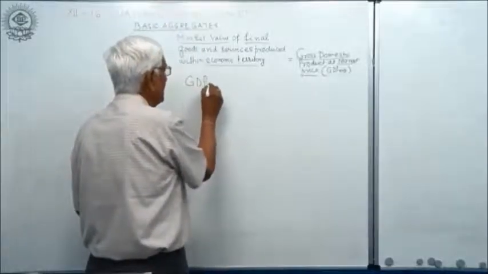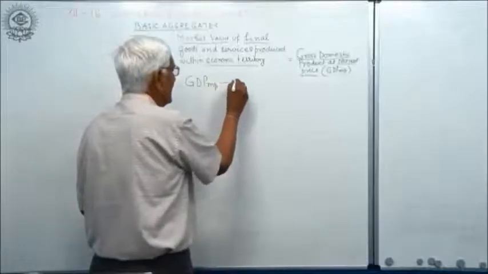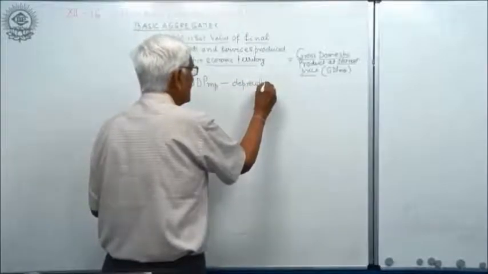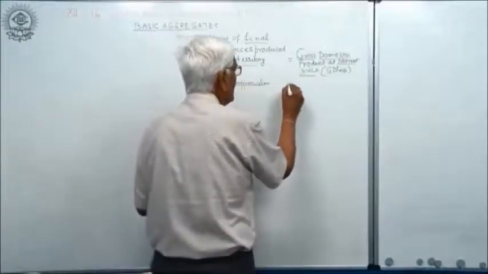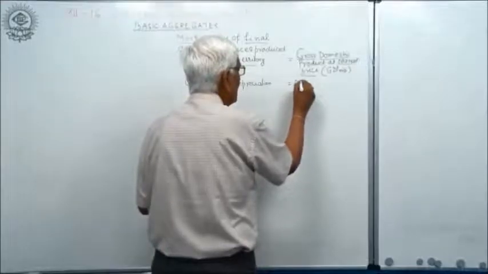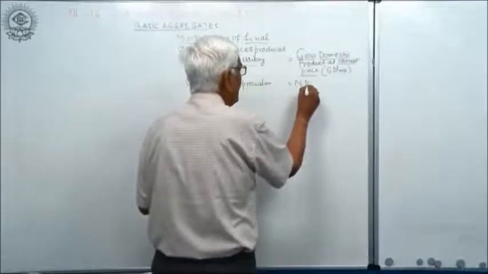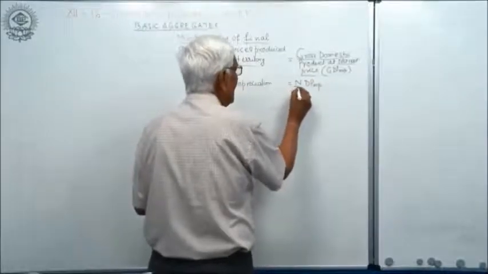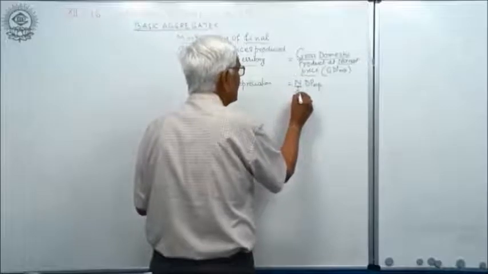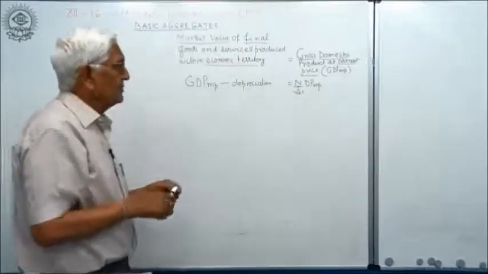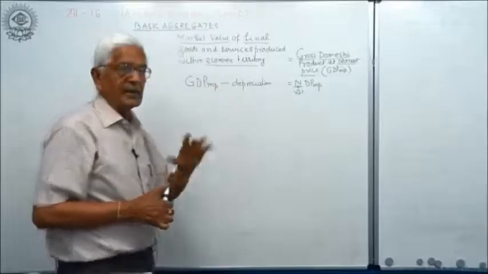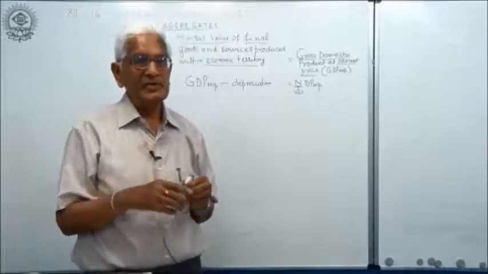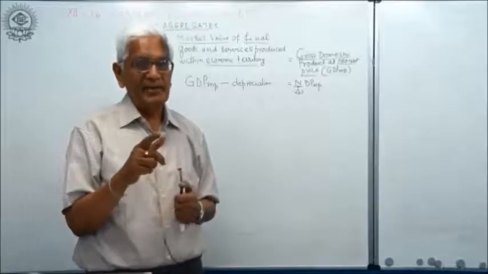GDP at market price minus depreciation gives you NDP at market price. N here stands for net. Net domestic product at market price. This is another aggregate, net domestic product at market price.